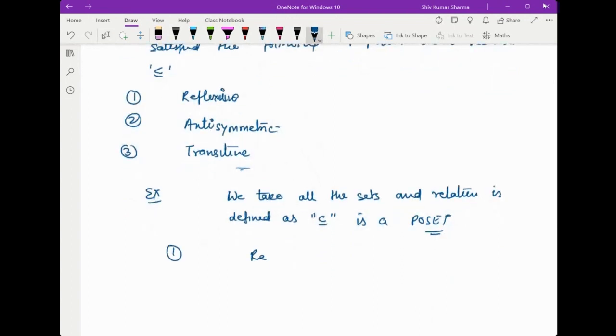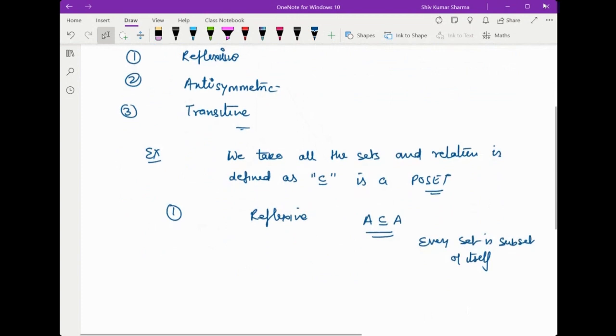For reflexive, we can take a set A. A is a subset of A. So every set is a subset of itself. So this is reflexive. And second is antisymmetric.